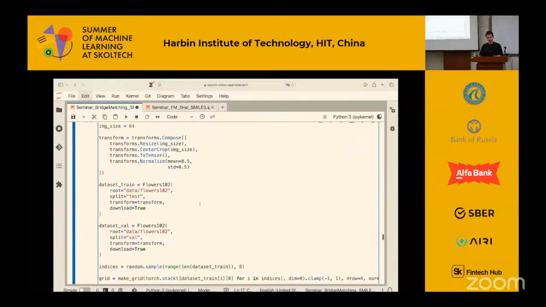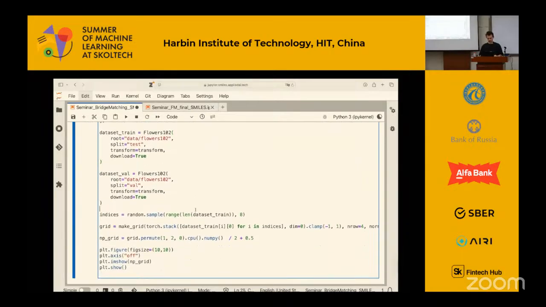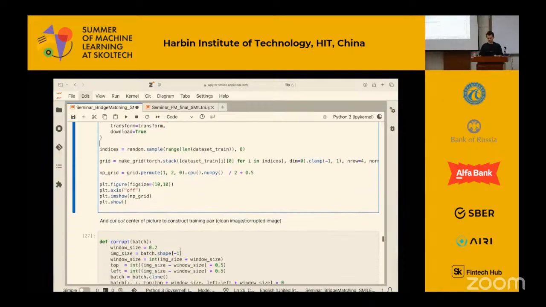We will reshape it into 64 by 64 and delete the center of each image to make a pair: a corrupted image with blank space in the center, and the ground truth clean image with the filled center.